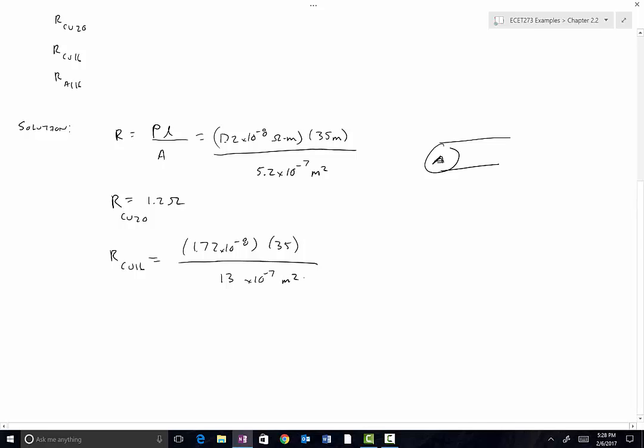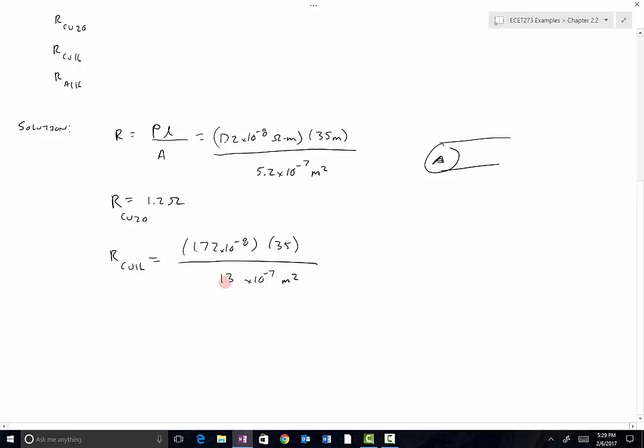So hopefully you're familiar with the gauge nomenclature of wires. If you're not, I want to point something out real quickly though. The gauge is inversely proportional to cross-sectional area. So here we've got 20 gauge wire. It's got a cross-sectional area of 5.2 times 10 to the minus 7th.